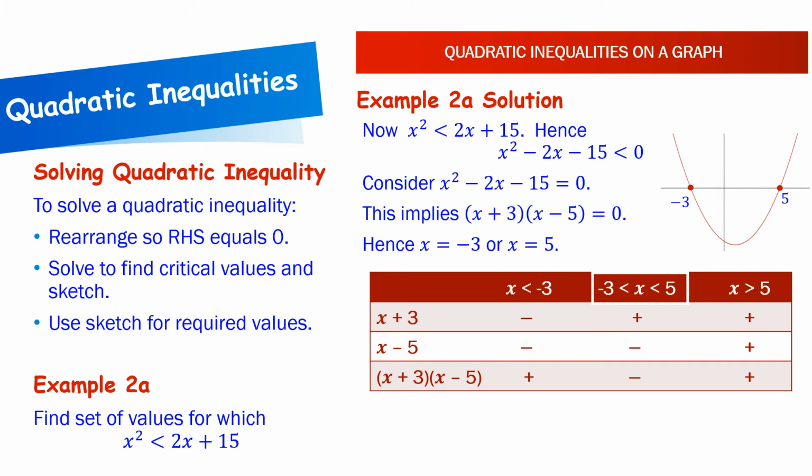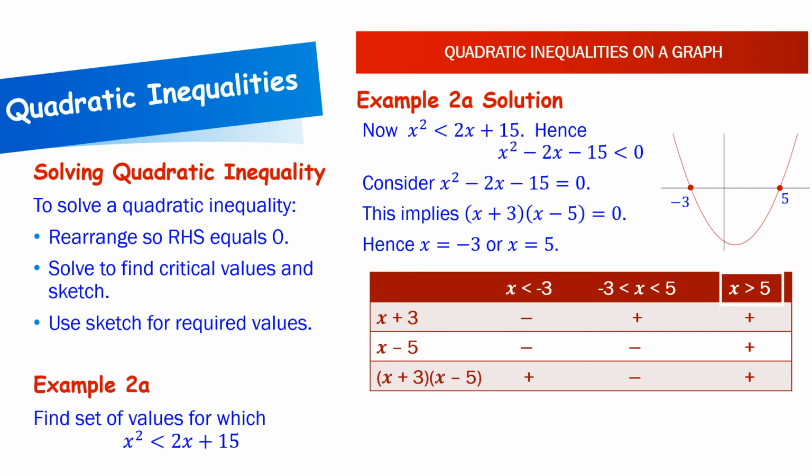If x is between minus 3 and 5, then x plus 3 is positive, and x minus 5 is negative. If we multiply x plus 3 by x minus 5, we're multiplying a positive value by a negative value to give a negative value.